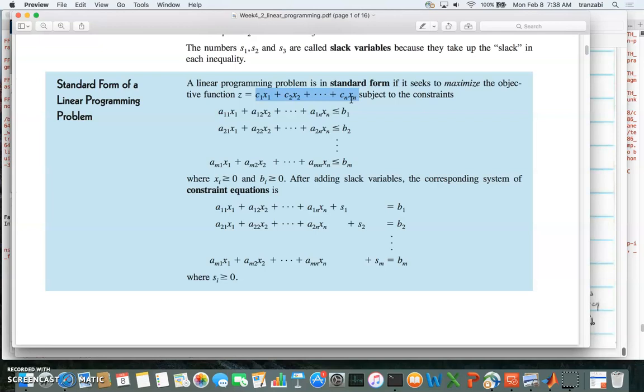So maximizing the negative of a function will be equal to minimizing that function. So minimization of something is equal to maximization of the negative of that. This way you can convert all the problems to maximization with inequalities of less than or equal to.